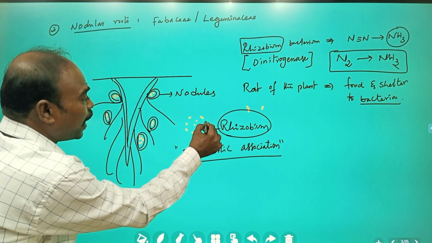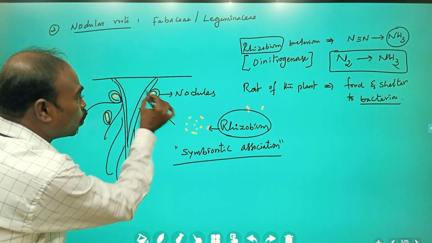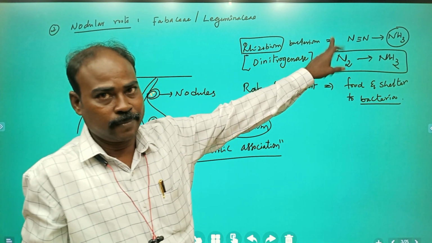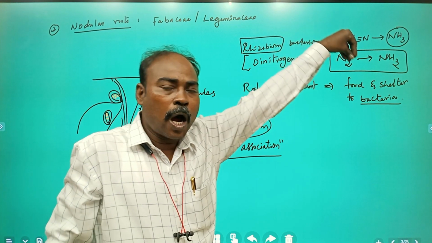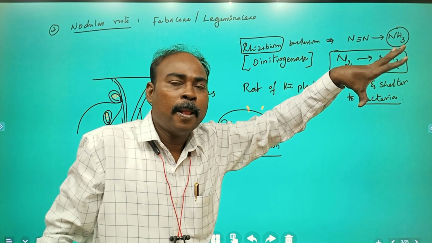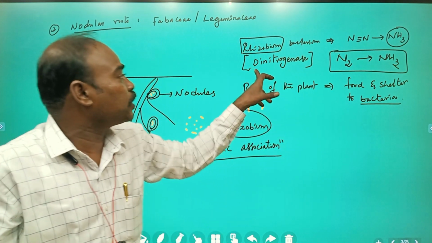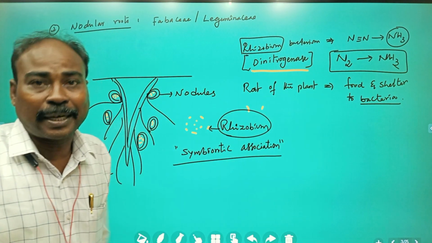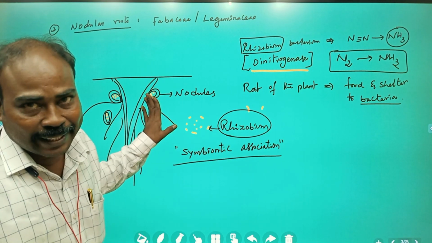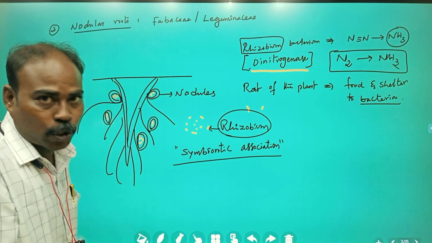The rhizobium bacteria from the soil enter into root nodules and participate in fixation of nitrogen. So nitrogen is fixed into an absorptive form, that is nitrate, nitrite or ammonia, with the activity of the dinitrogenase enzyme present in bacterial cells. So bacteria help the plant by fixing nitrogen.